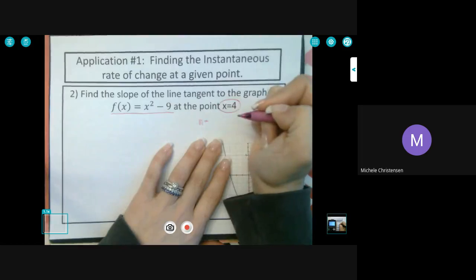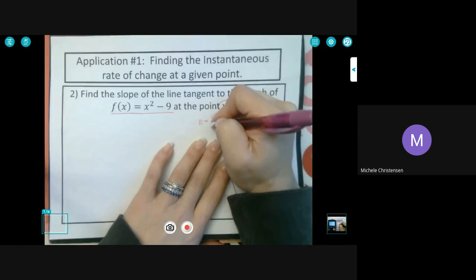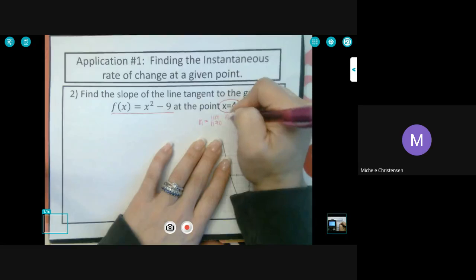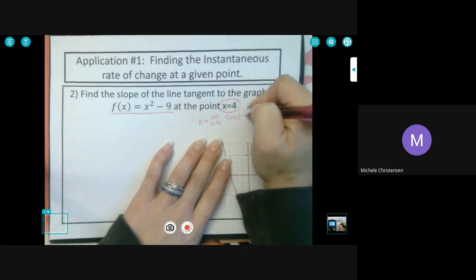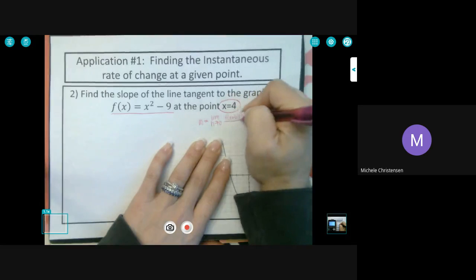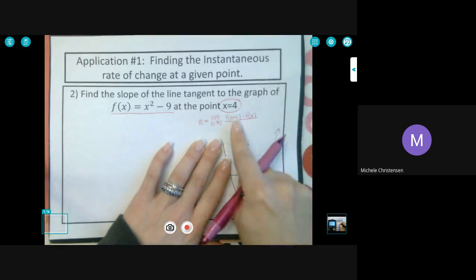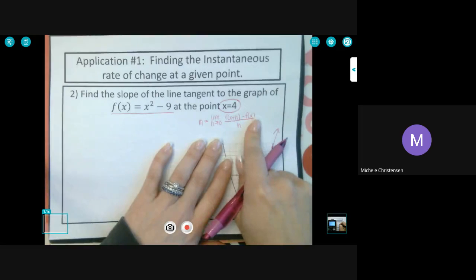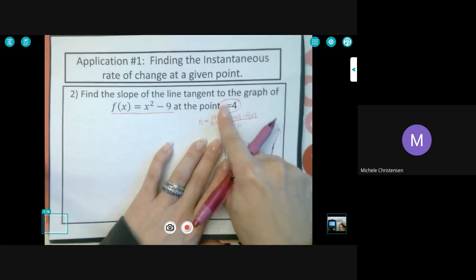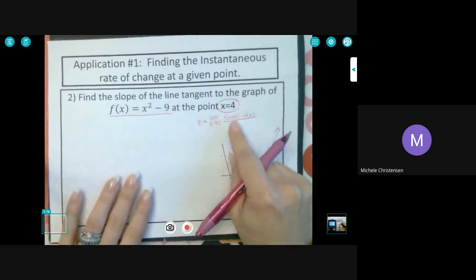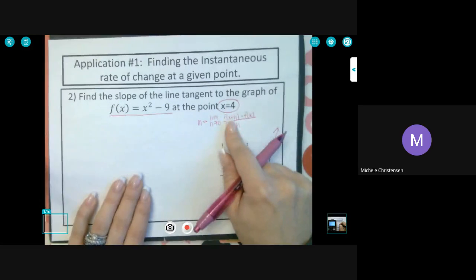The first thing that we need is f of x plus h and f of x, which means we need to take this specific x value of 4 and plug it into these two function notations.